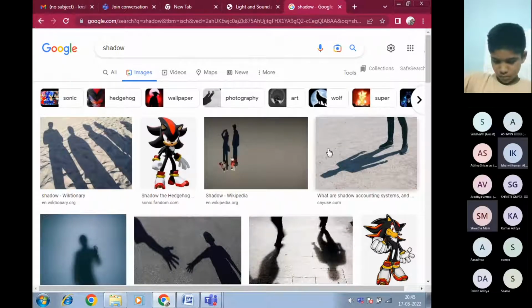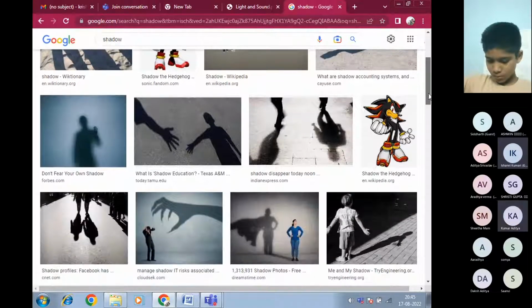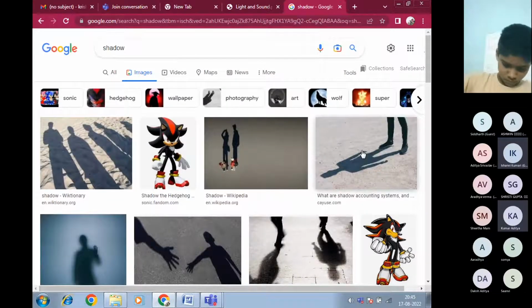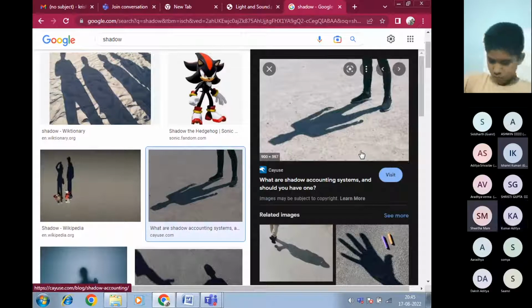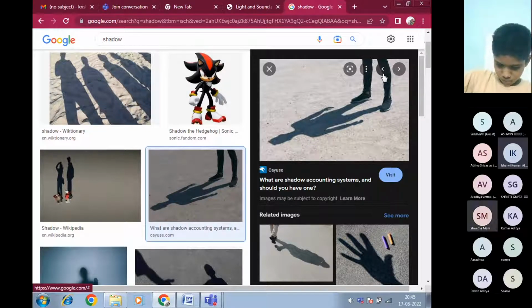So what happens here? This person is an opaque object. We are also opaque objects. We don't allow the light to pass through us.